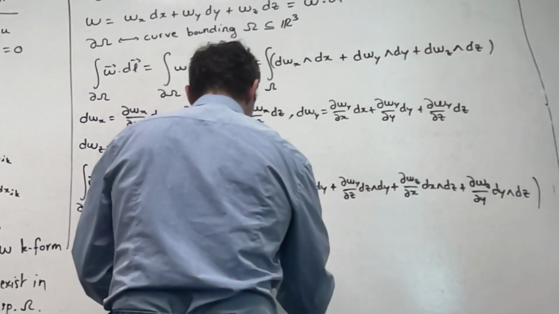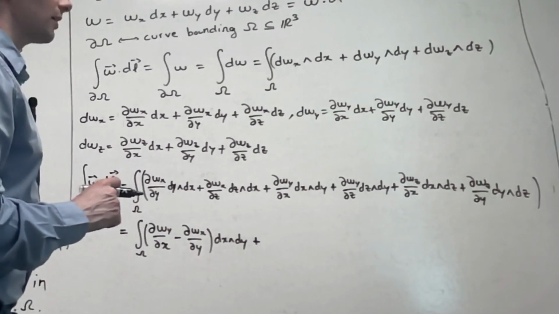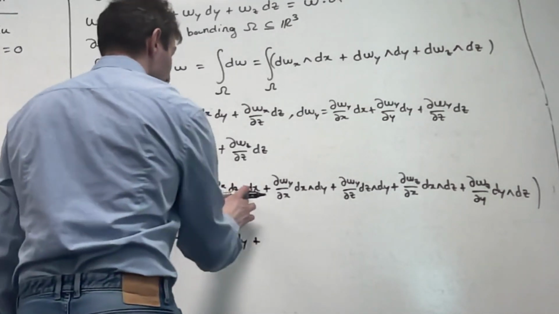So then I'm going to get plus, let's say here, dz dx.